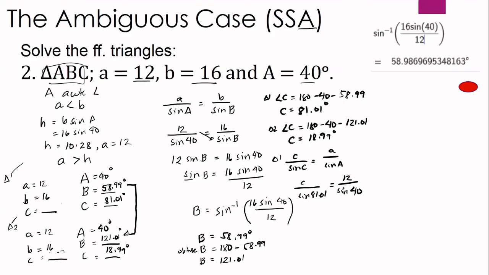Then we do cross multiplication. So we have C sin 40 is equal to 12 sin 81.01.